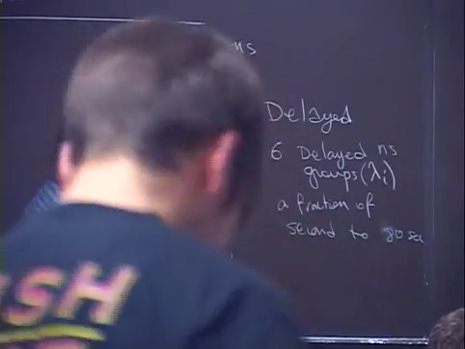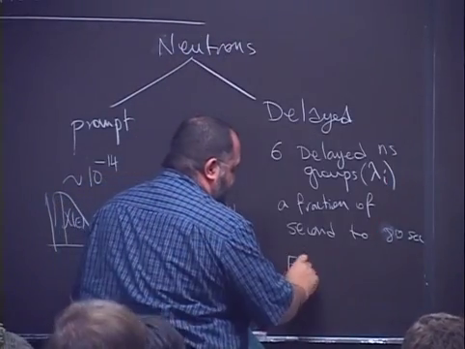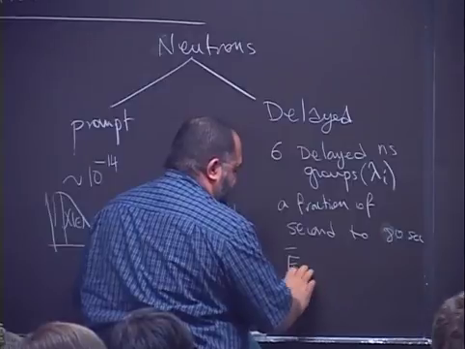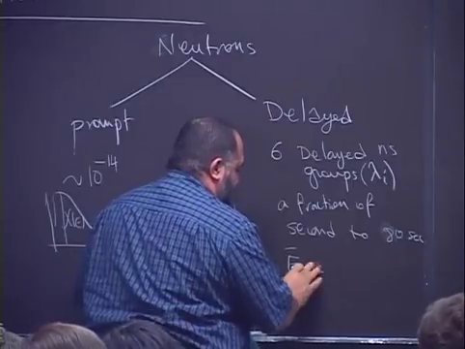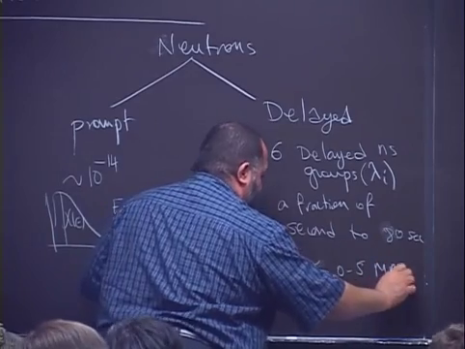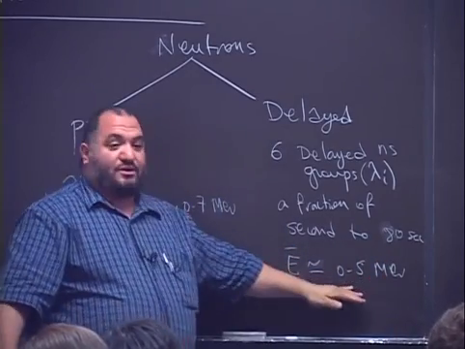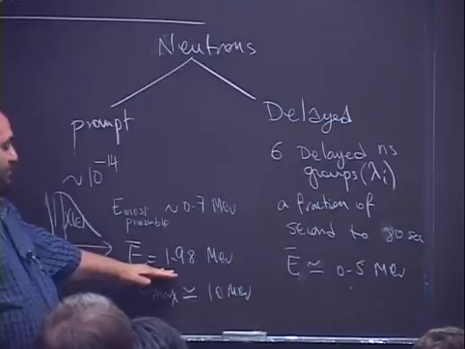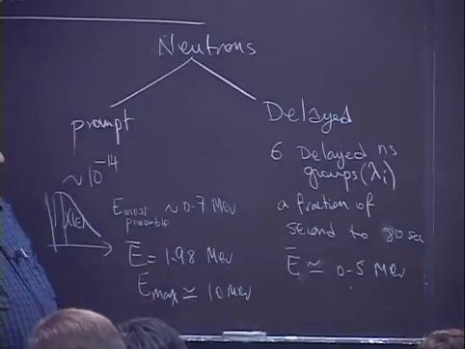Okay, guys, and the energies for this, the average energy is around half MeV. So you have an average energy here of half MeV, you have an average energy here of almost 2 MeV.